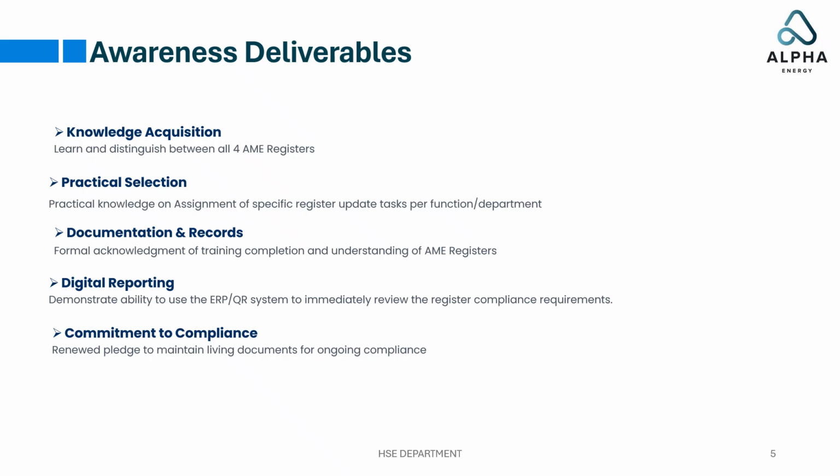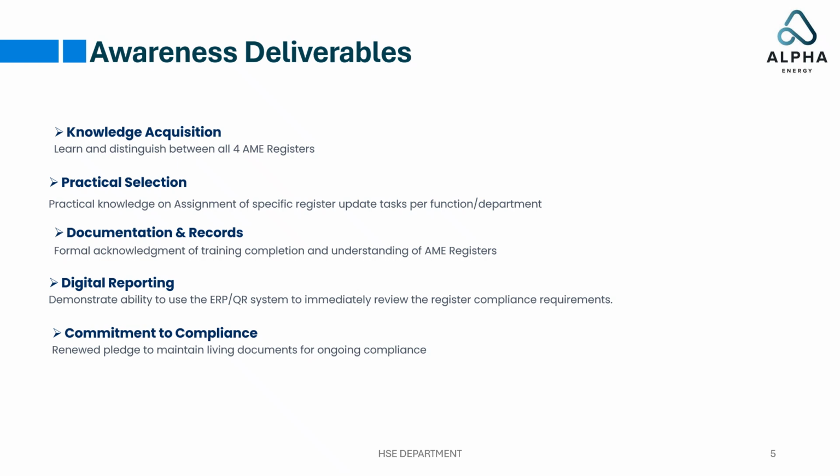The awareness deliverables include several key outcomes from the training and implementation of Al Masood Energy registers. These include knowledge acquisition, where employees learn to understand and distinguish between the 4 AME registers. It also includes practical selection, which ensures employees gain practical knowledge on assigning and updating register responsibilities according to their department or function.